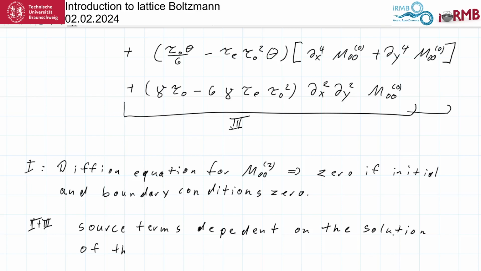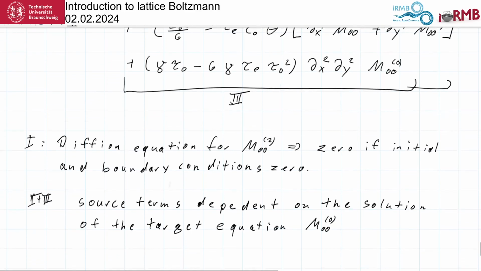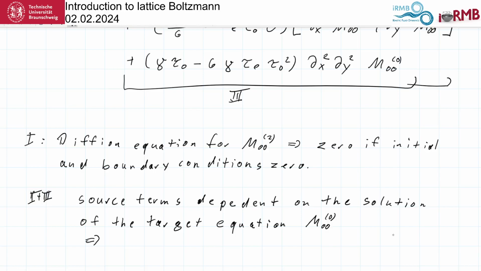Now this is our problem because there's something that is not 0 and it's acting as source term for our error. So the target equation is, of course, the 0 order. Though they are not in general 0, so they are most of the time not 0.